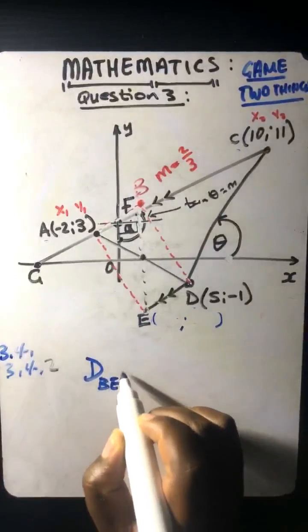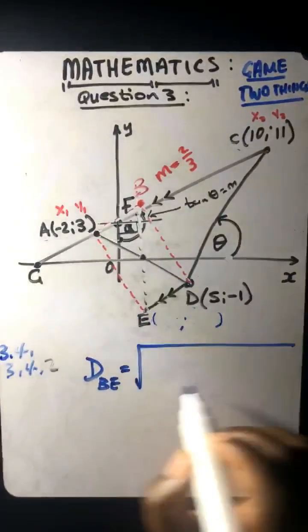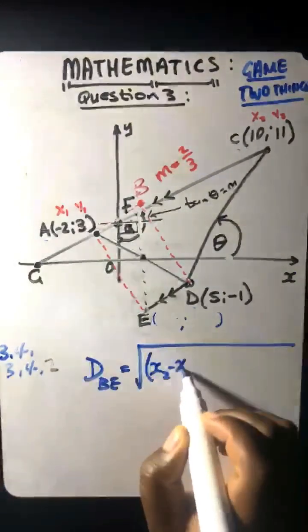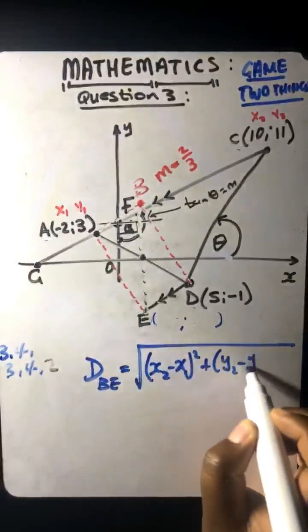So the distance of BE, we know the distance formula is what? X2 minus X1, squared, plus Y2 minus Y1, squared.